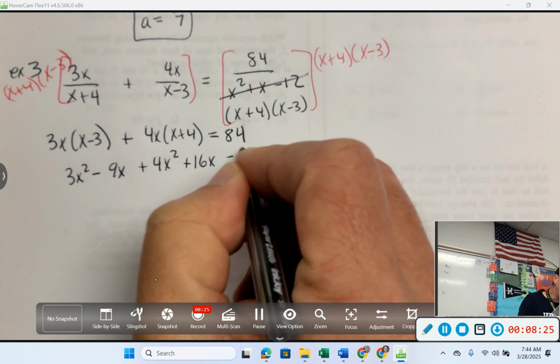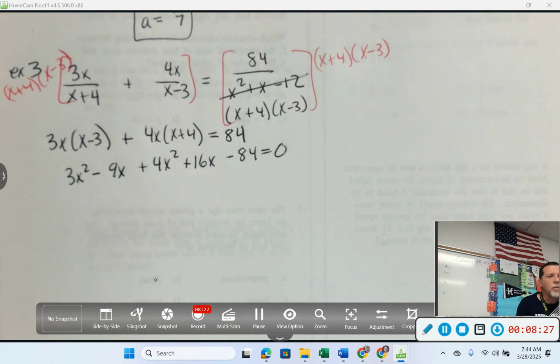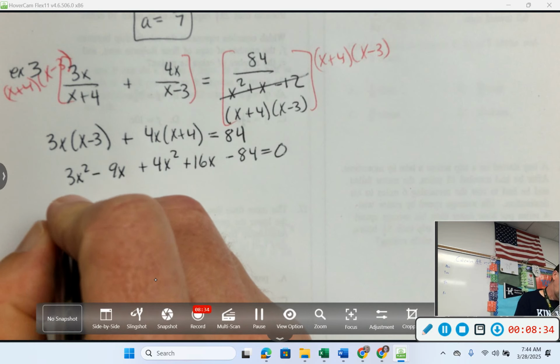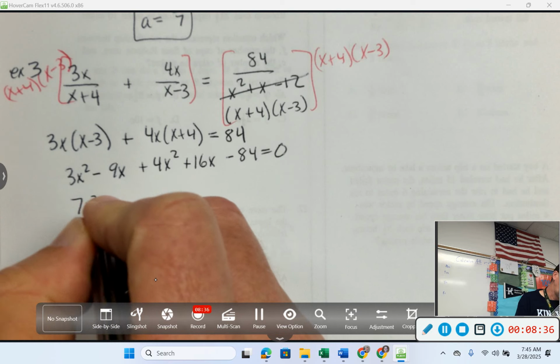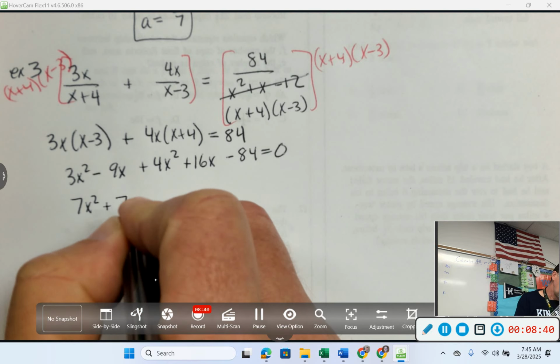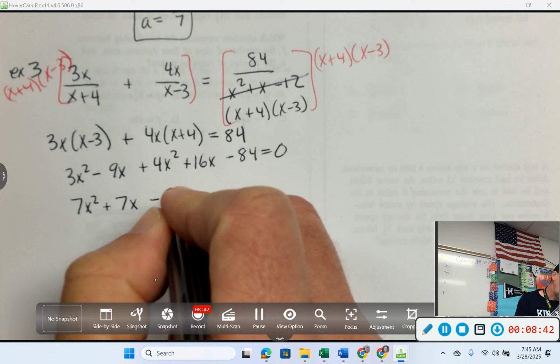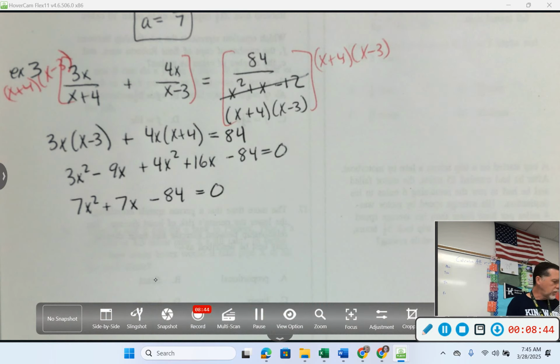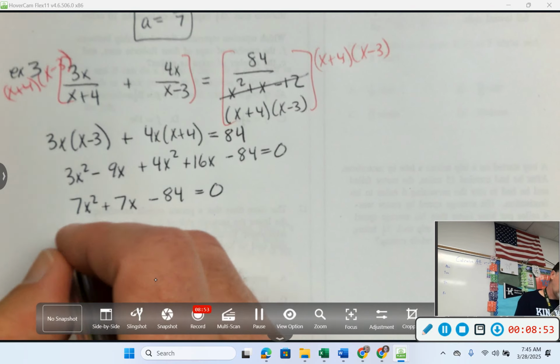I'm going to go ahead and move the 84 over because I hope this thing will factor. Let's see, 7x squared plus 7x minus 84 equals 0. Take out a 7, but it's the same thing. I can take out a 7, you're right. That makes life a lot easier.